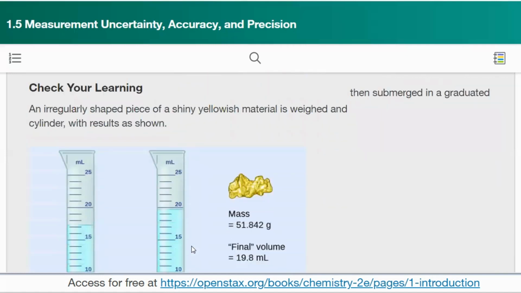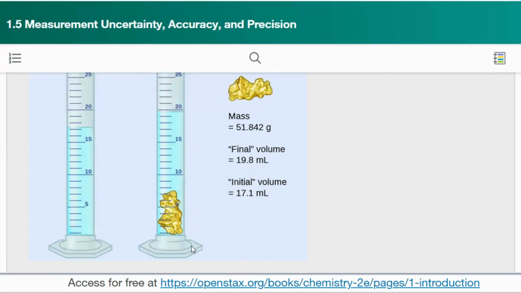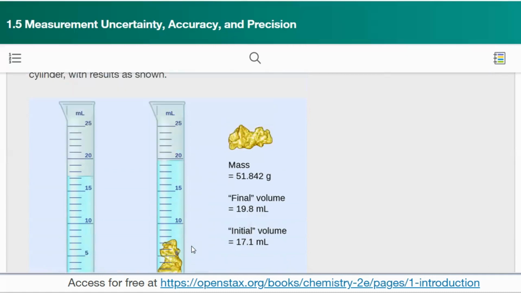All right, here's another exercise. Check your learning. An irregularly shaped piece of a shiny yellowish material is weighed and then submerged in a graduated cylinder with results as shown. So we're going to do this whole thing again. Same idea.